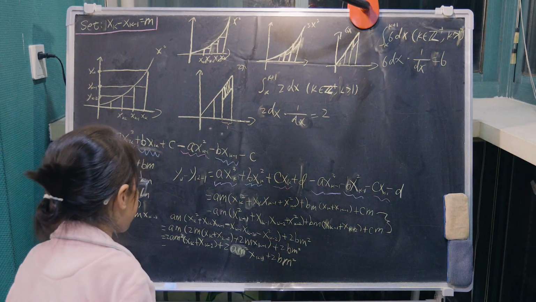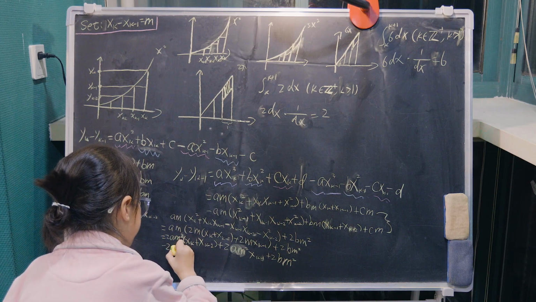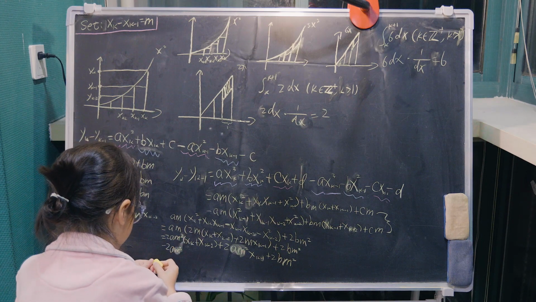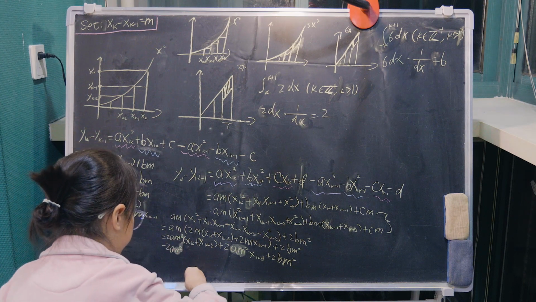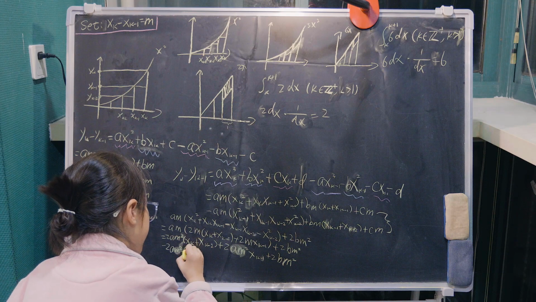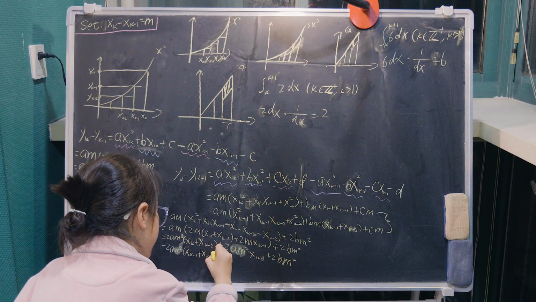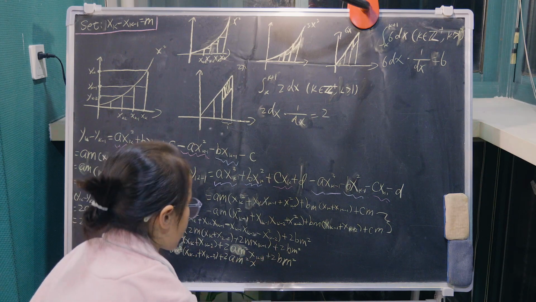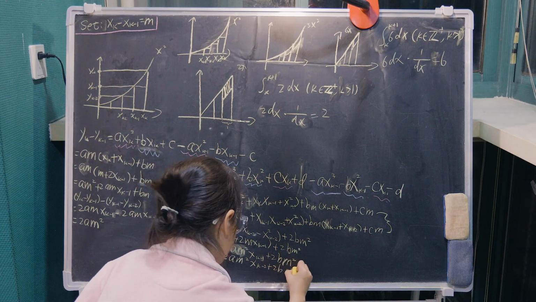And then minus 2am squared times bracket xk minus 1 plus xk minus 3, and then plus 2am squared times xk minus 2, and then plus 2bm squared.